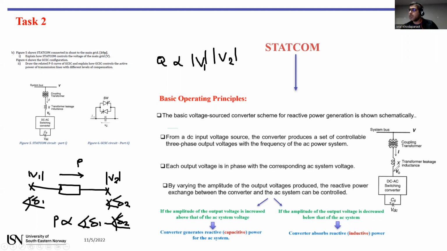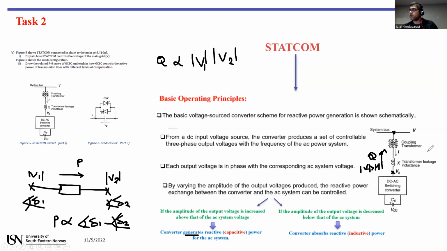So suppose you build a voltage whose amplitude is bigger than this voltage, you can generate reactive power. So you can send reactive power if V0 is bigger than V, the amplitude.